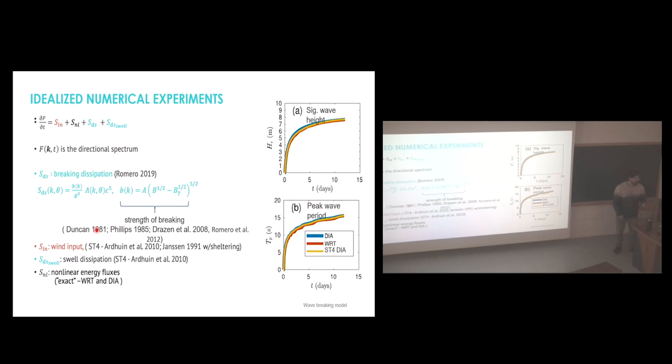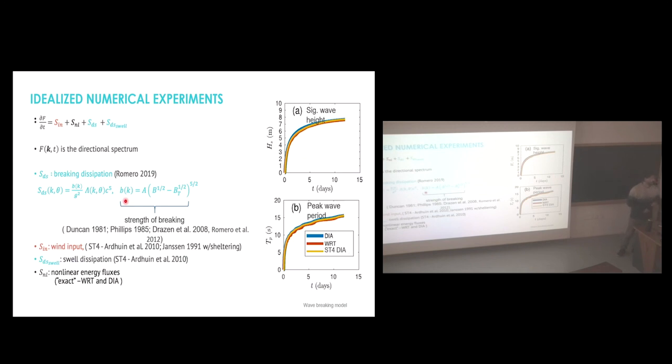So we were able to come up with indirect estimates of this spectral strength, and we fitted a model that came from a scaling from laboratory experiments for plunging waves, and we formulated it in terms of the saturation above a certain threshold. And the values from that model of the intensity of breaking are consistent with the model by Chris Zappa that was shown yesterday.